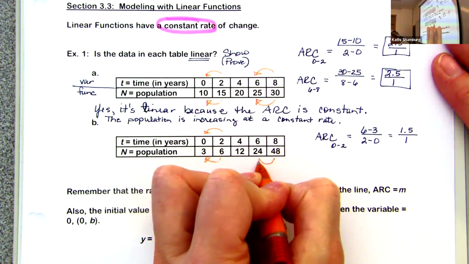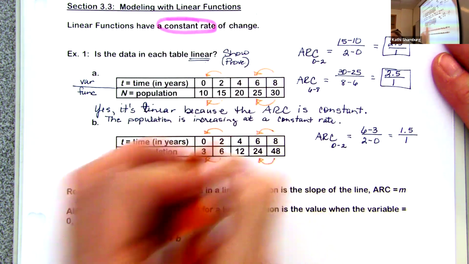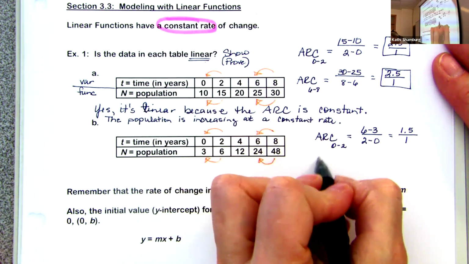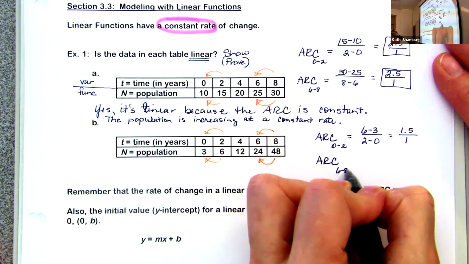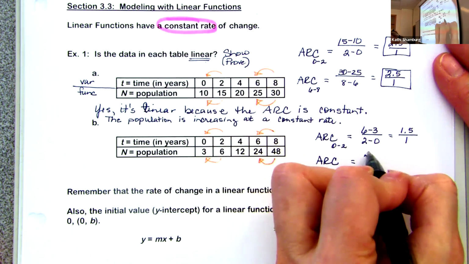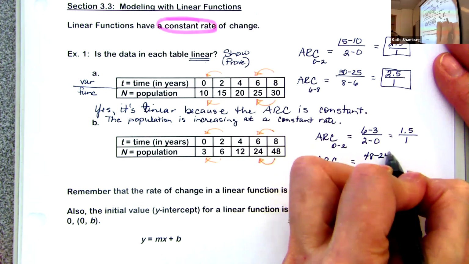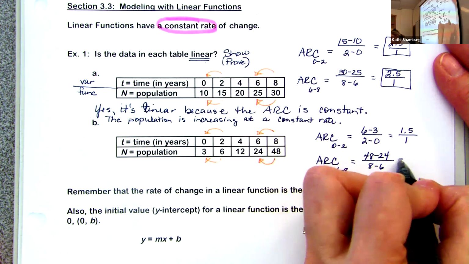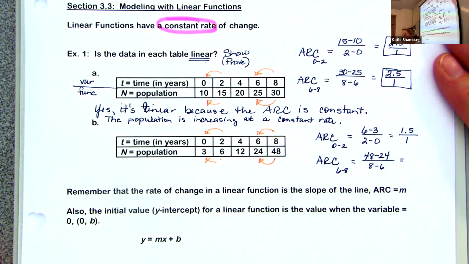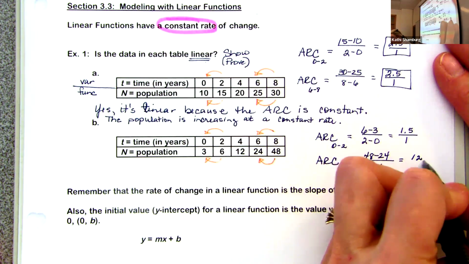And then I'm going to do the last 2. From 6 to 8. So 48 minus 24 over 8 minus 6. That's 12 over 1? Yep.